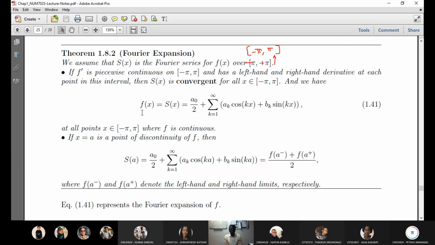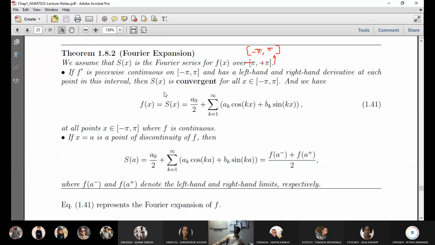For that, you need the derivative to satisfy an extra condition. Besides the fact that the function f, which is 2 pi periodic, has to be piecewise continuous on the interval negative pi to pi, you also have a condition on the first derivative.